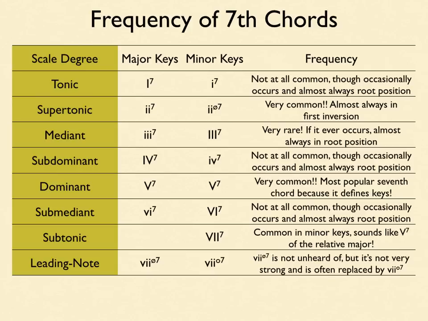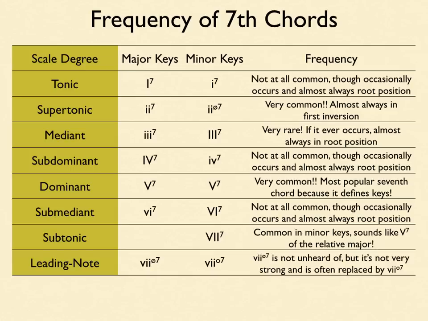So you can see the difference between whether you're major or minor, you're dealing with half diminished or fully diminished. They are probably more common than the mediant 7th chords, or even the subdominant 7th chords or the submediant 7th chord. So they're actually not unheard of.